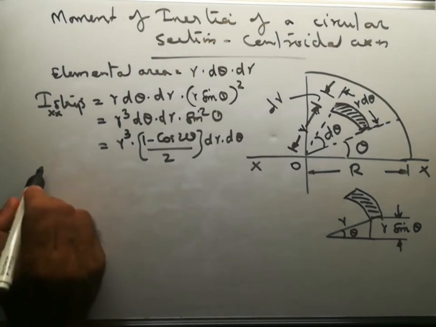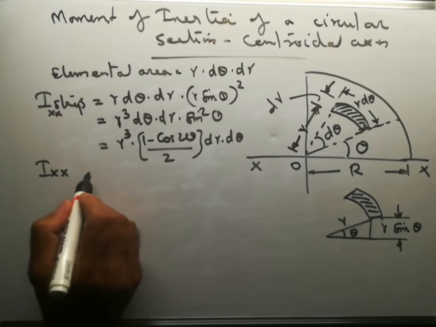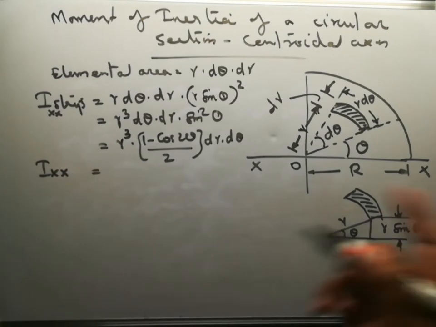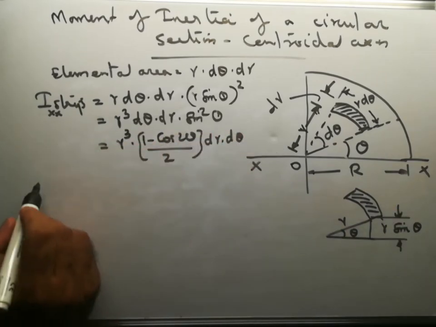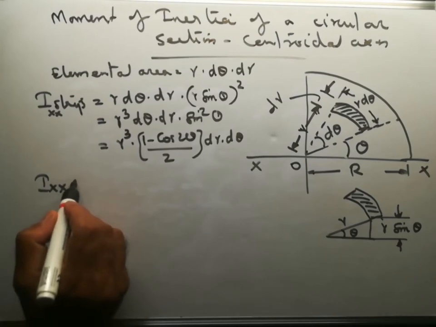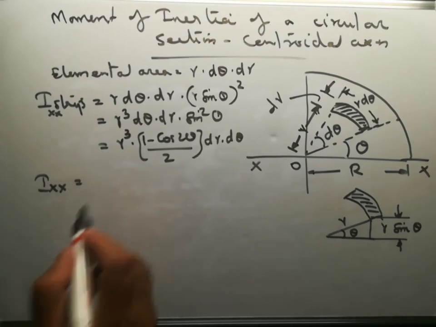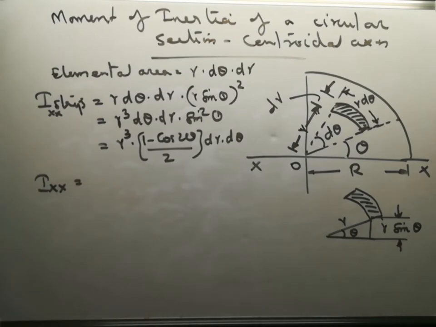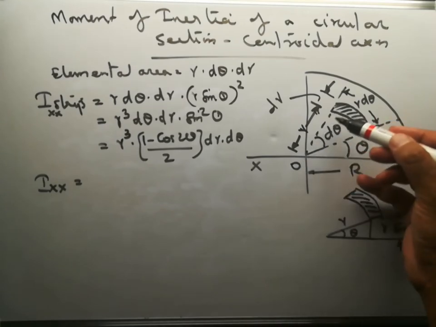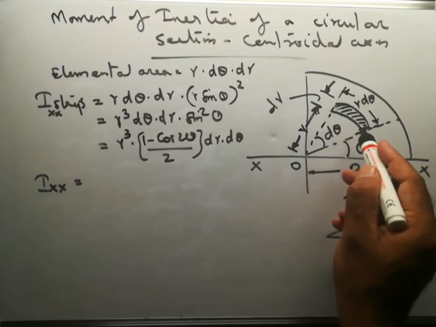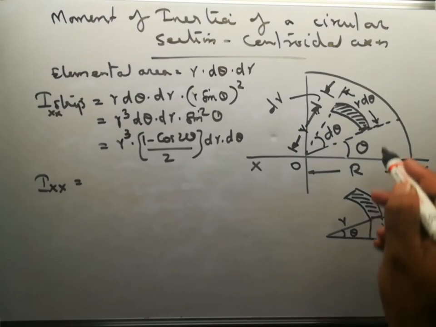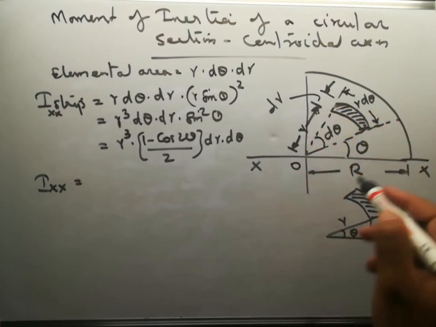Now to find the moment of inertia of the whole section about the xx axis, we need to integrate this expression. Ixx is equal to a double integral, because r is to be integrated through the whole radius, that is 0 to r, and theta is to be integrated through the whole circle, that is 0 to 2 pi radians.